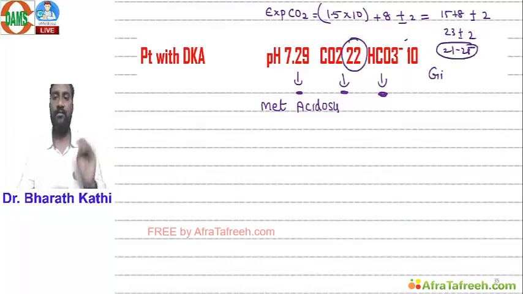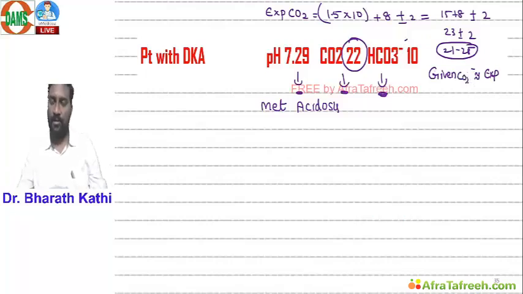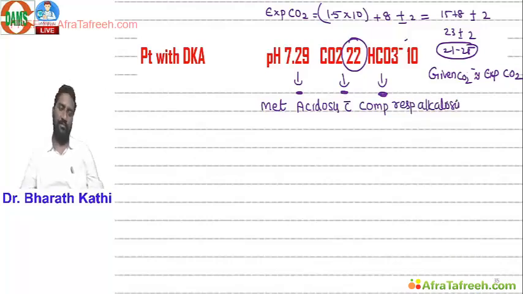This is a situation where the given bicarbonate in the question is correlating with the given CO2 in the question, which is correlating with the expected CO2 calculated. So this is metabolic acidosis with compensatory respiratory alkalosis, a simple acid-base disorder.